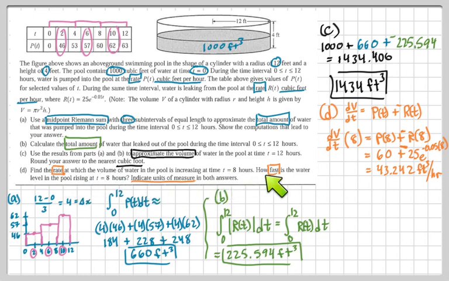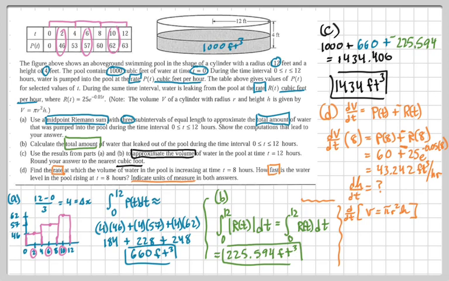The second part of the question asks, how fast is the water level in the pool rising? Water level would be the same as H, and they define for us the volume of this cylinder right here with the H. So it looks like we're trying to find dH/dt. So to get dH/dt, we're going to have to take the derivative of the volume function with respect to t.